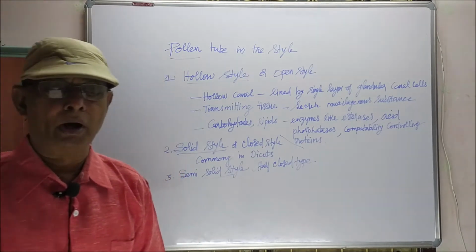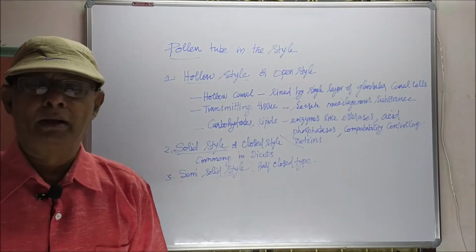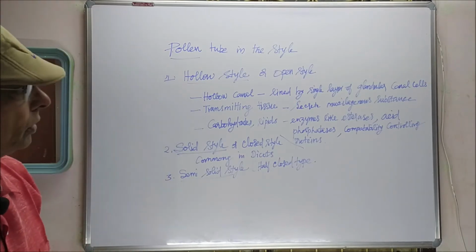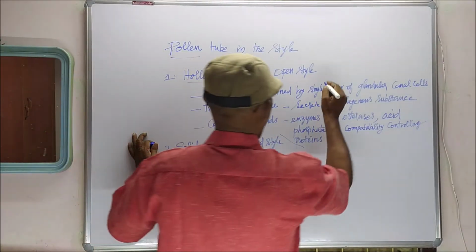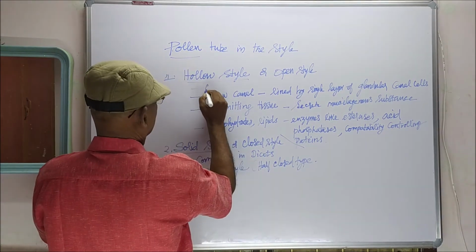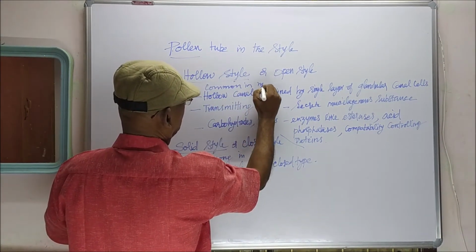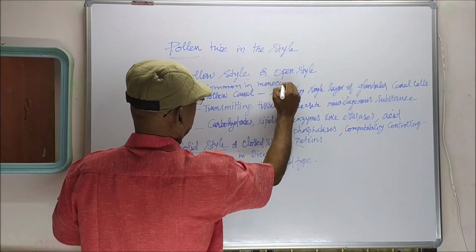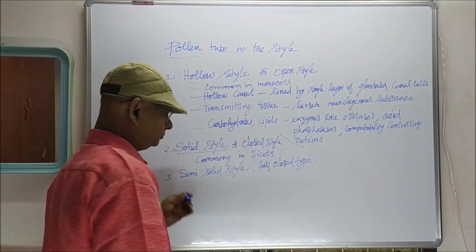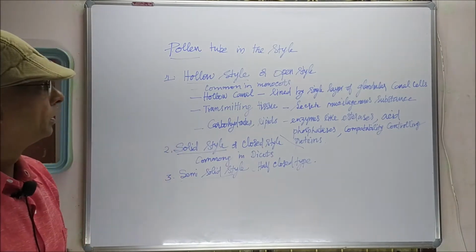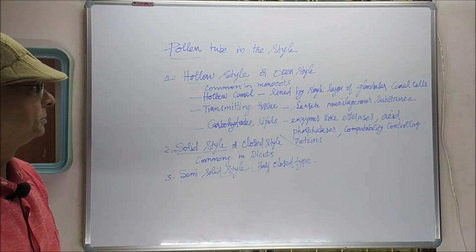In the case of hollow style or open style, it is common in monocots. In most of the monocot plants, the hollow type of style can be seen.